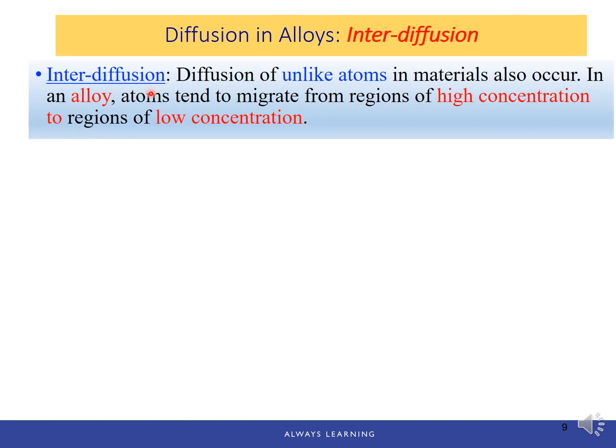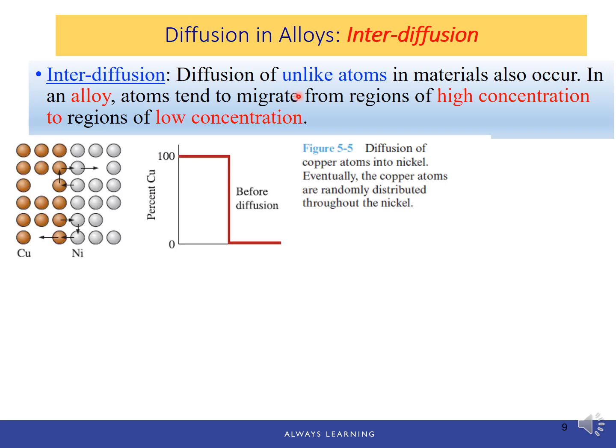Interdiffusion refers to diffusion that happens in an alloy where you have different types of atoms. Atoms tend to migrate from regions of high concentration to regions of low concentration. Again, the concentration slope is the driving force for diffusion. For example, in the copper-nickel example, at the beginning, copper has 100% concentration in the left region, while it has 0 concentration in the nickel region.